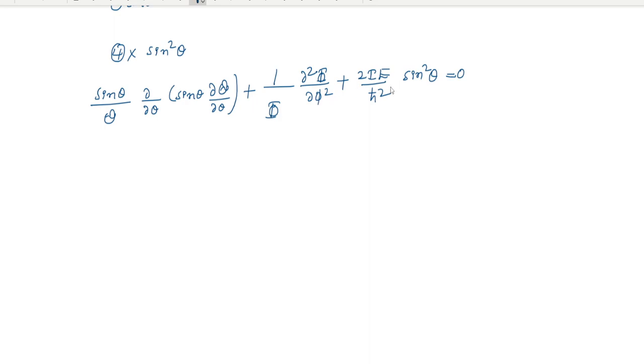Okay, here if you look, two terms are in the function of theta, and a third term is the pi function.